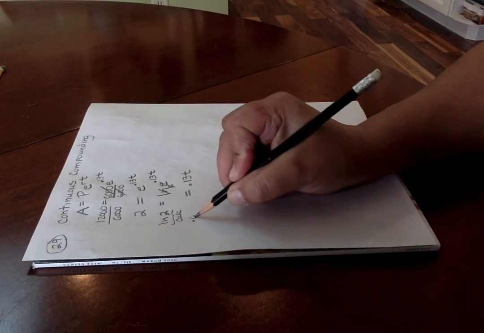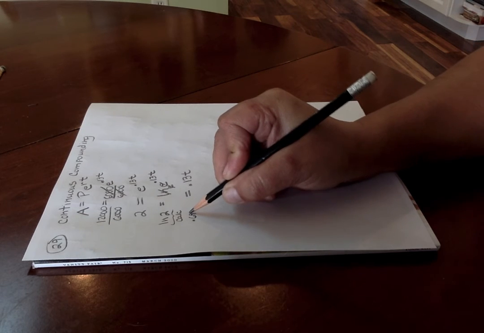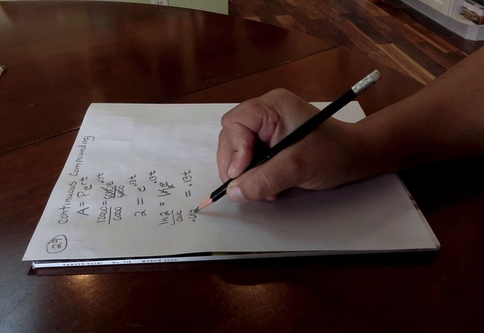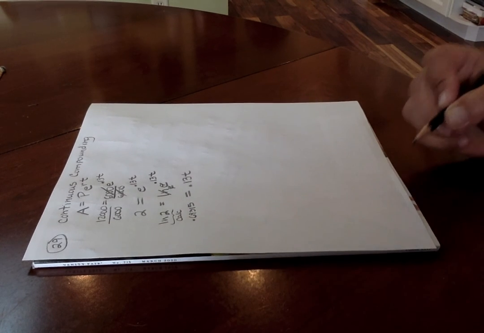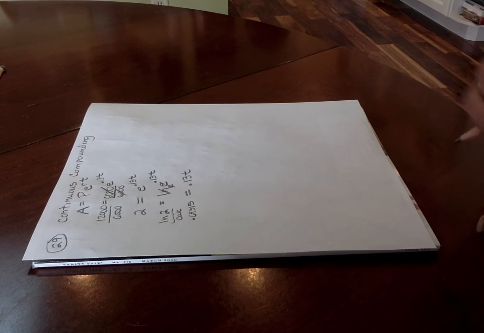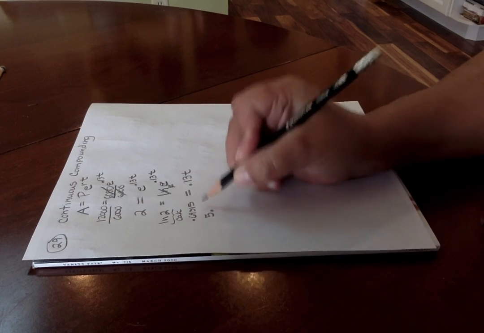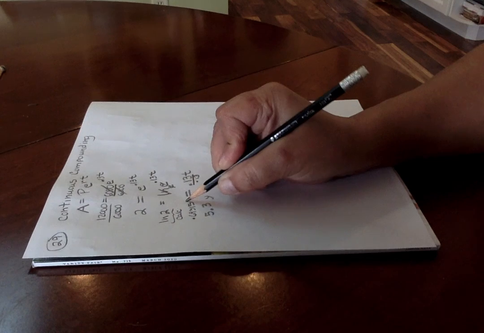And that is 0.69315. And then divided by 0.13. And I got 5.3 years. That's after dividing by 0.13 on both sides.